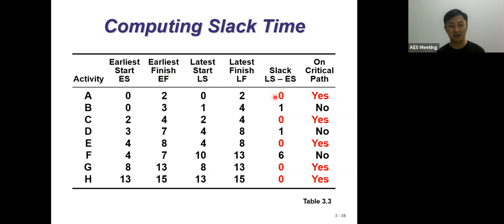I'll give you one example, activity F. For activity F, the earlier start is 4, and the late start is 10. So 10 minus 4 is 6. Same thing here: late finish is 13 and earlier finish is 7, so 13 minus 7 is also 6.